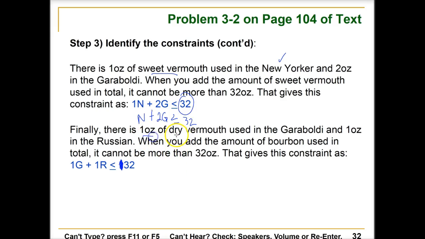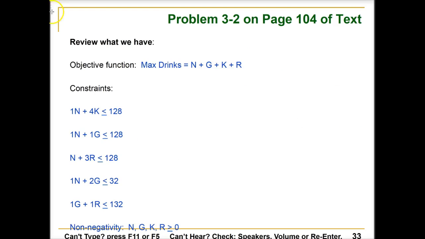And we have 1 ounce of dry vermouth for the Garibaldi and 1 ounce in the Russian. So looking at that, this is just Garibaldis plus number of Russians, and that has to be 32 ounces or less. And so when we look at all of that, this is what our constraints look like. Of course, noting that we can't make negative drinks.